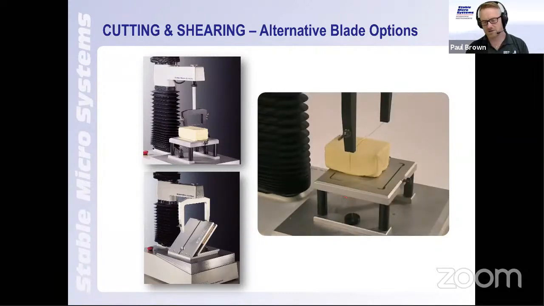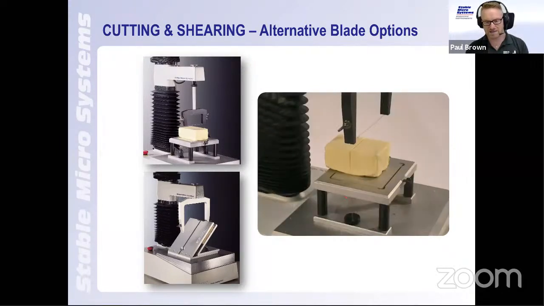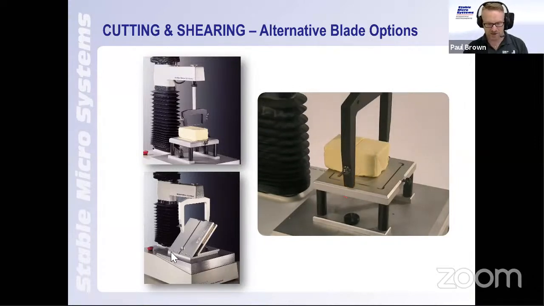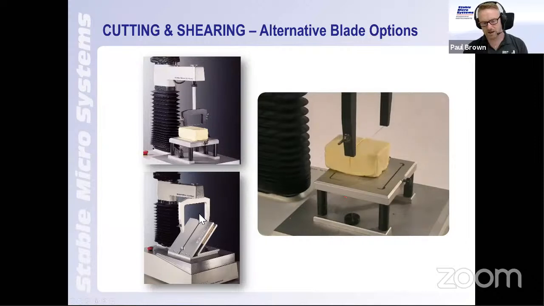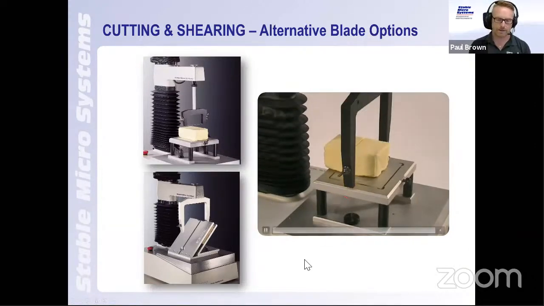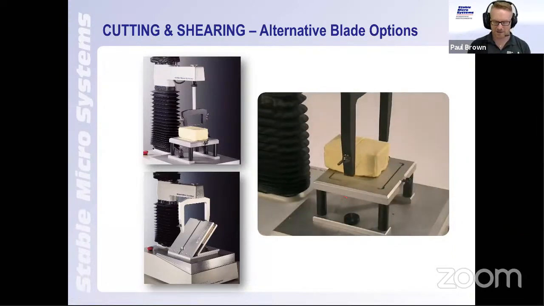You create a certain tension so that, again, the test is repeatable, and being a wire, it's very easy to replace and very cost effective. Now, whether that's bread type testing, this is a shear test that was created to do individual bread slices, or whether it's a butter or a cheese type based product, it's another alternative to a blade.